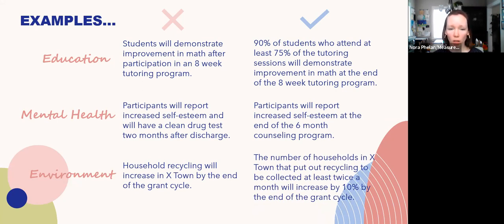Now, you could make the argument that the initial environment example here would be fine as long as the additional information as far as how you were defining increase is written down somewhere else in a measurement plan, for example. So perhaps this first example is what's included in the application. And then you have another document internally that's going to explain exactly how you're defining it, how it's going to be measured, where you're going to get this information from.